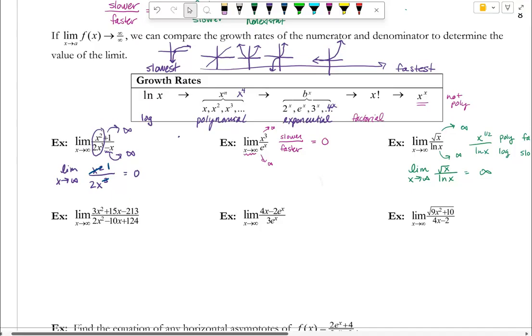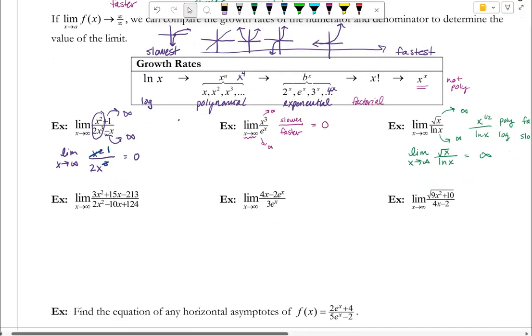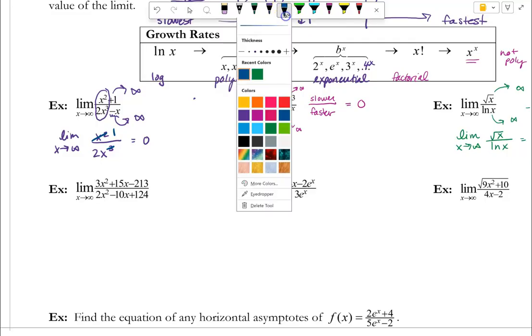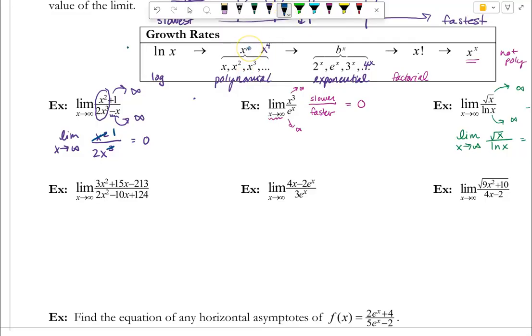All right, these bottom 3 examples are a little more complex. And when we look at this first one, if I plug in infinity, they're both blowing up. They're both getting huge, both the numerator and the denominator. I don't need to worry about the other terms in the numerator except for the leading term, because again, infinity squared is so much bigger than like 15 times infinity.